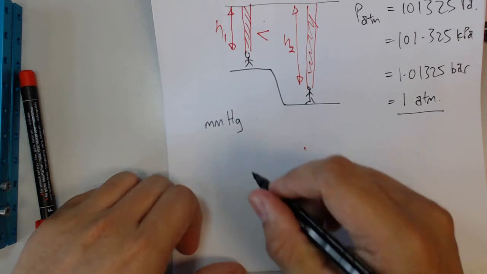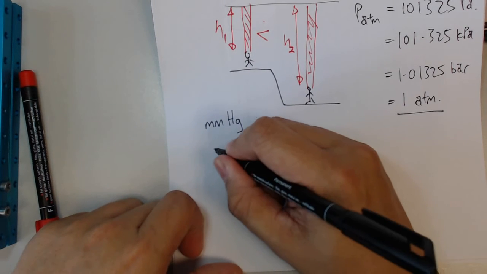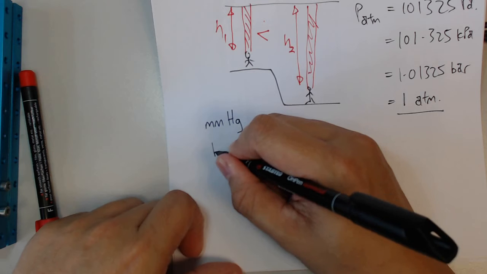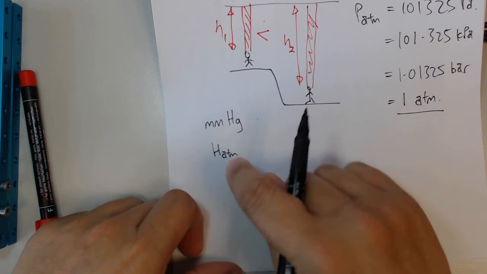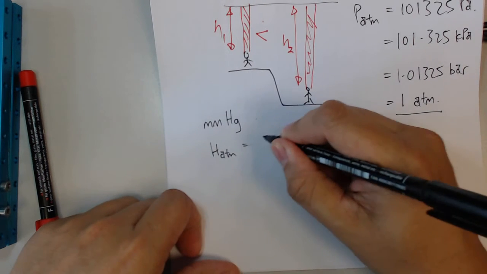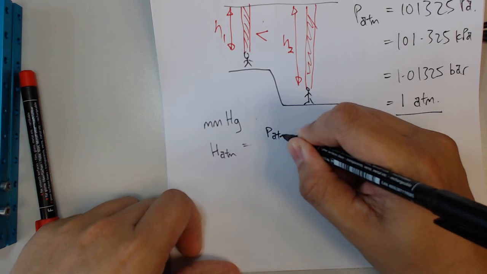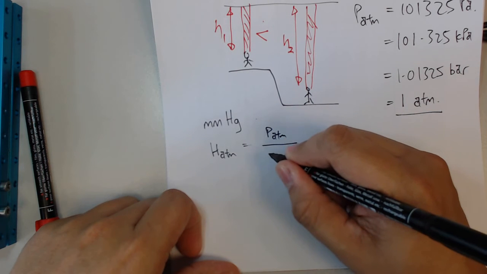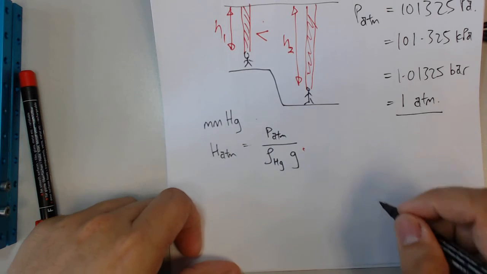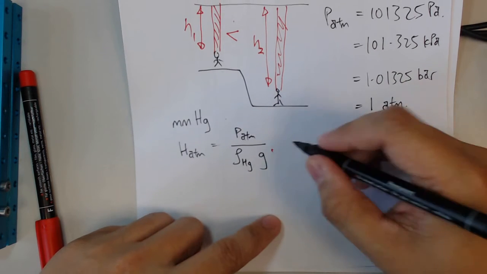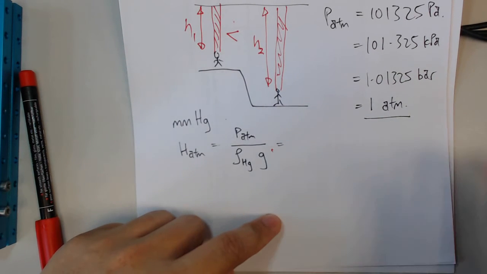How do I get the value? Just convert. The atmospheric pressure head will be equal to the atmospheric pressure divided by the density of mercury times gravity.